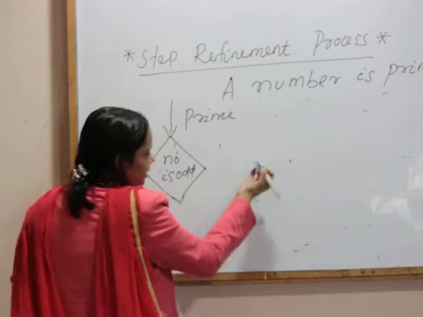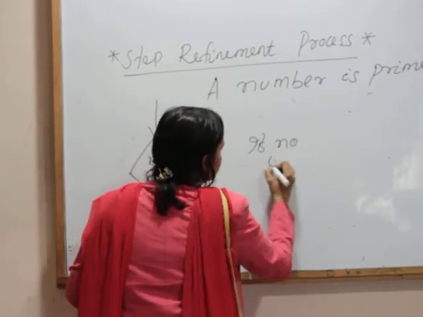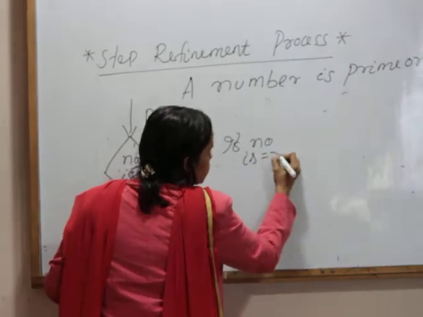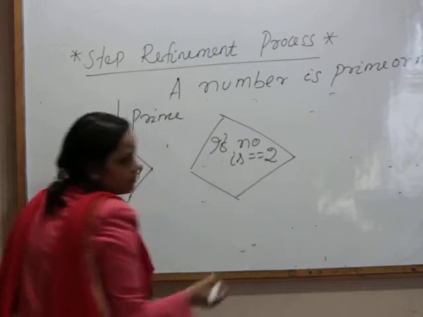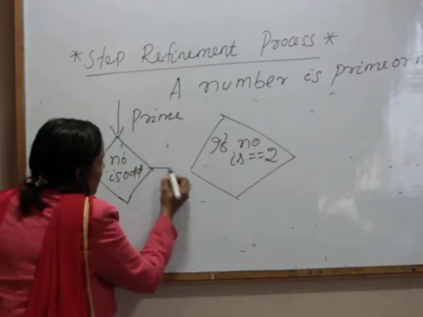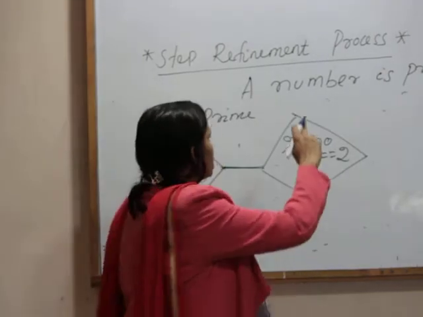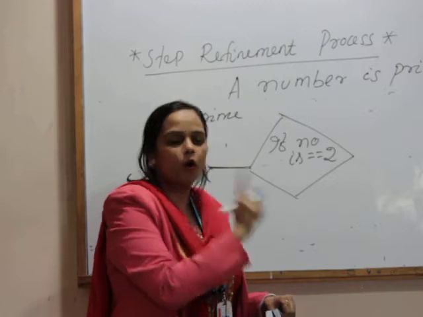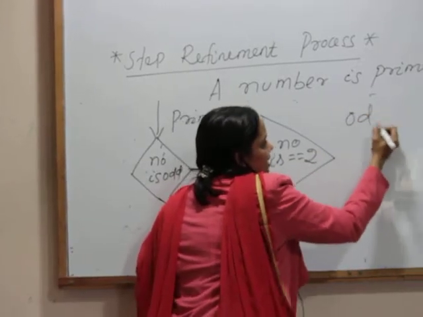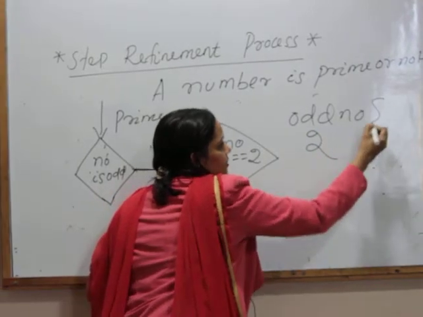So here is another refinement: if the number is equal to 2, then it also comes under prime numbers. Now we can combine these two strategies: if you are saying a number is prime or not, the first step is that it should be an odd number, and second, if it is 2, then it will also be a prime number.